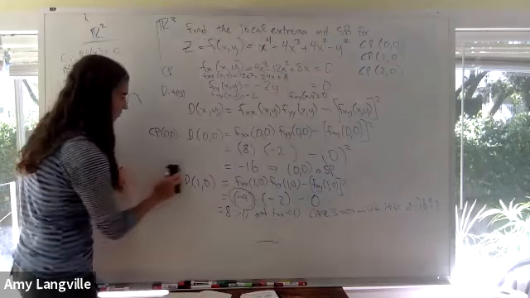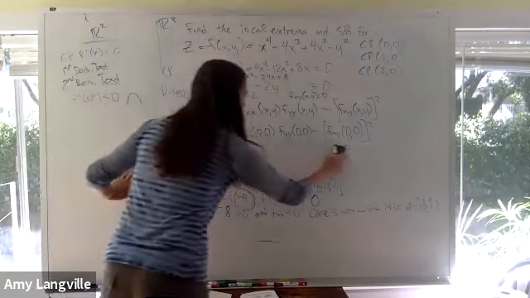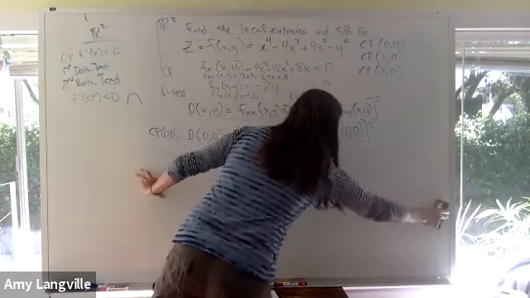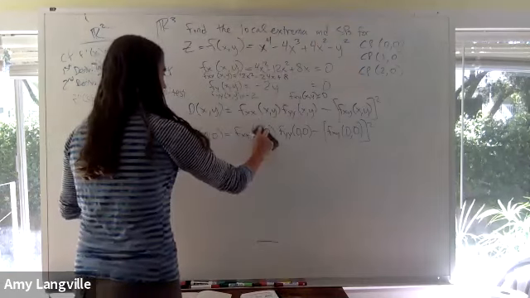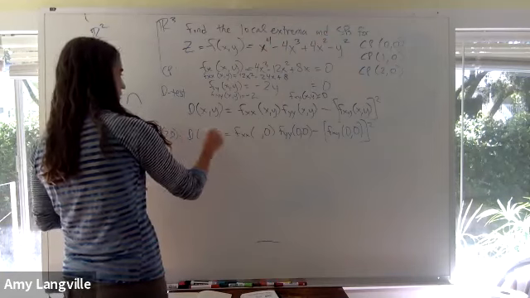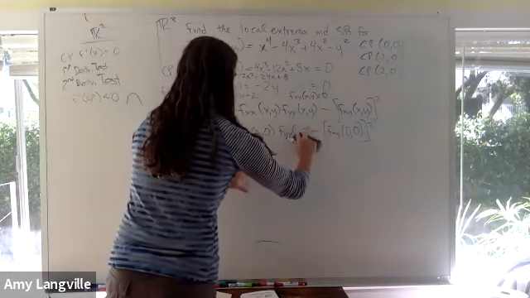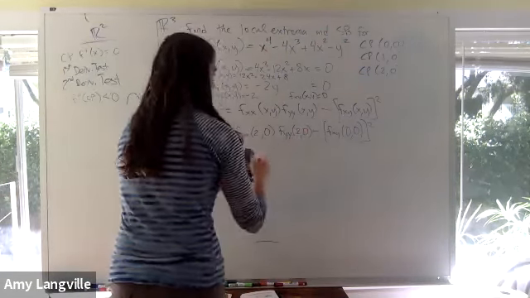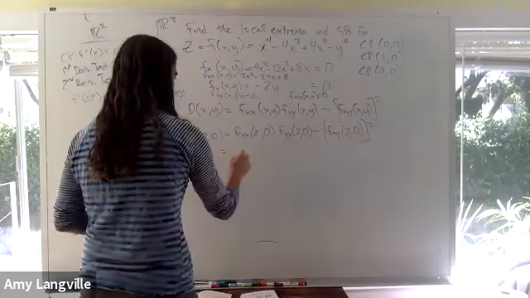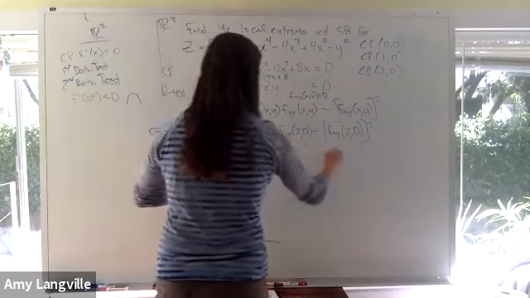Make some space here. So we want to check the last CP, which is at 2, 0. So I just need to change these things right here to 2's. And we'll see part of this stays the same, f sub y, f sub x, y.